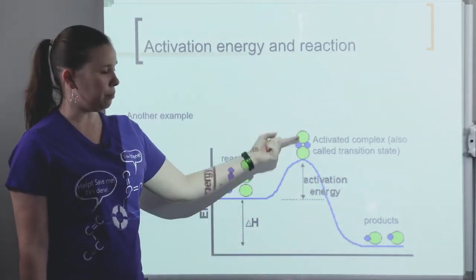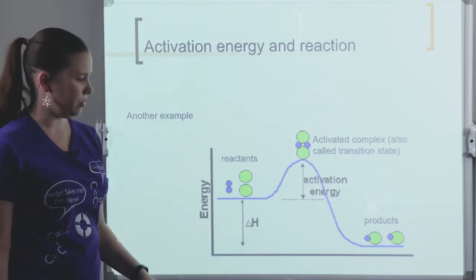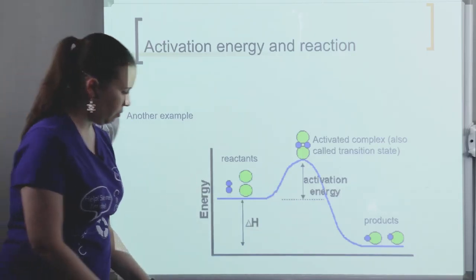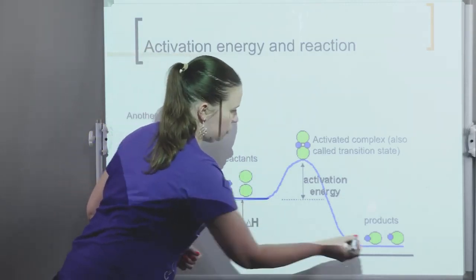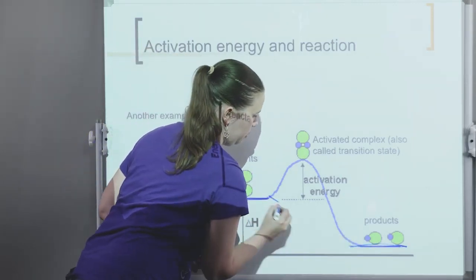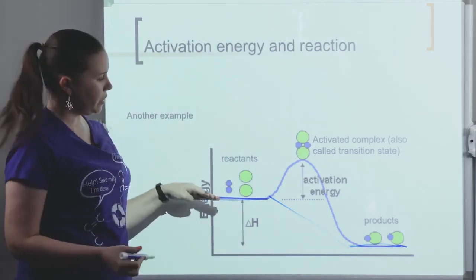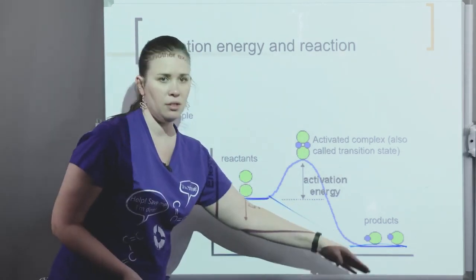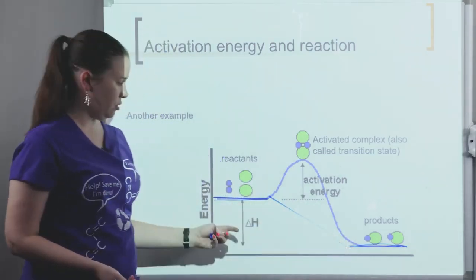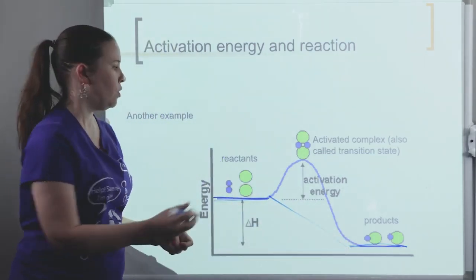So that bump is called the activation energy. The part of this that we looked at before just showed the level of reactants compared to the level of products. They didn't show the bump. But it's still true that if the energy of the reactants is higher than the products, this would be an exothermic reaction, where enthalpy would be decreasing.